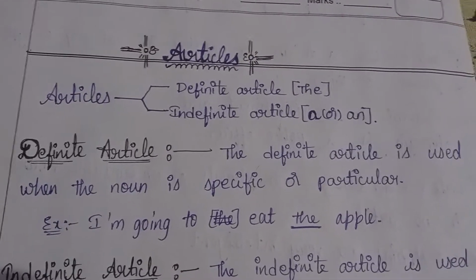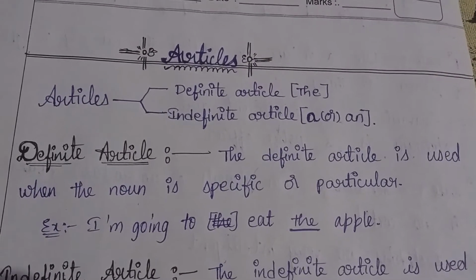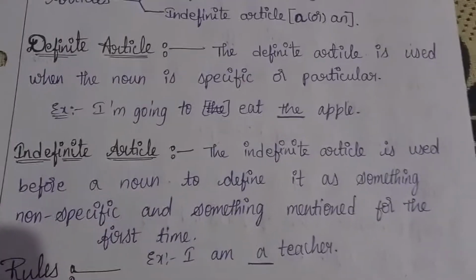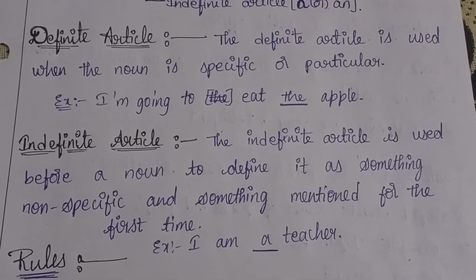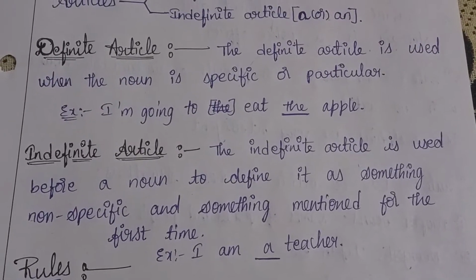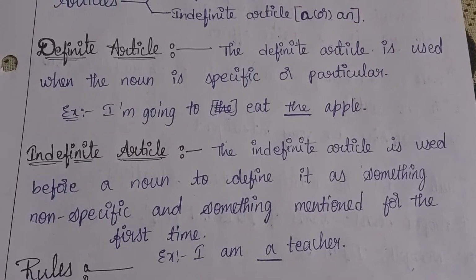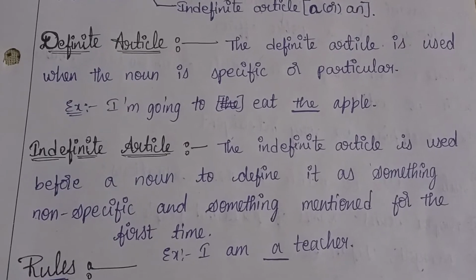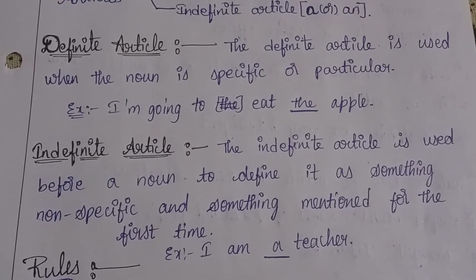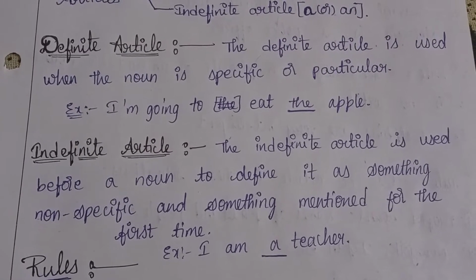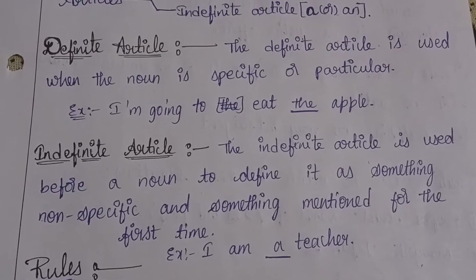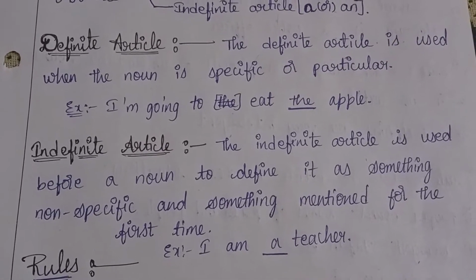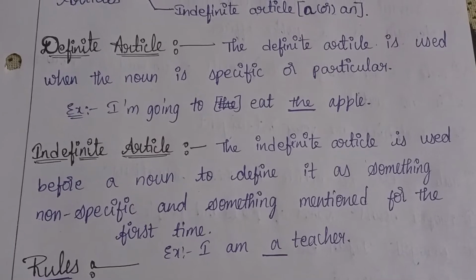So this is about the definite article, and the second one is the indefinite article. The indefinite article is used before a noun to define it as something non-specific and something mentioned for the first time. When you are talking about a person or thing for the first time, then we should use the indefinite article. For example, I am a teacher.